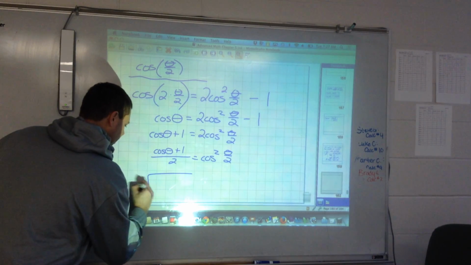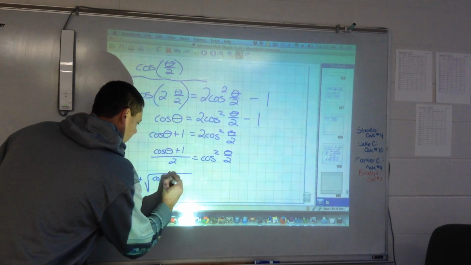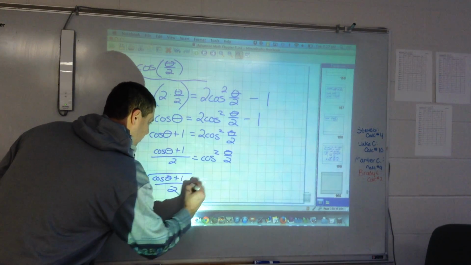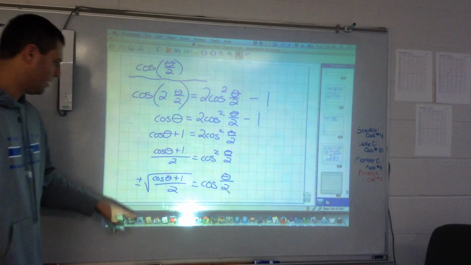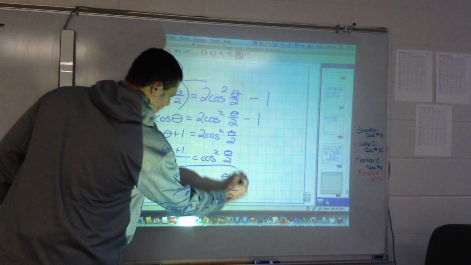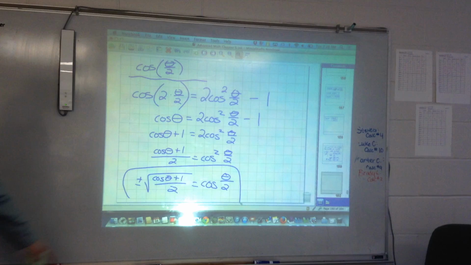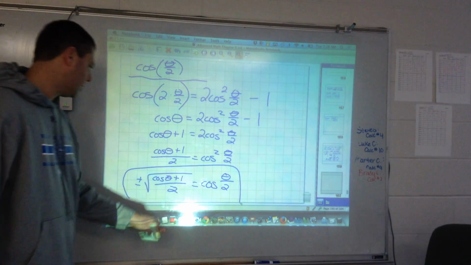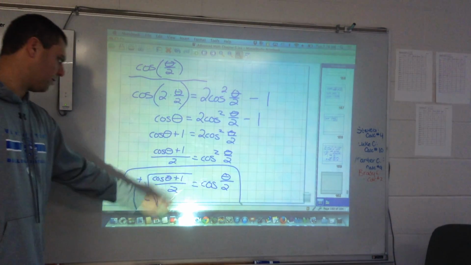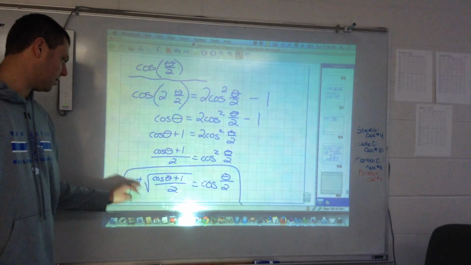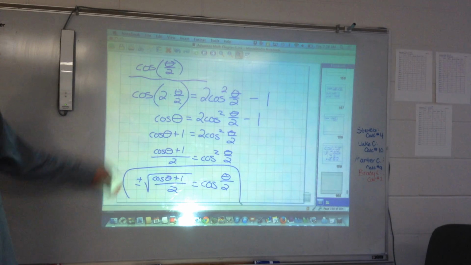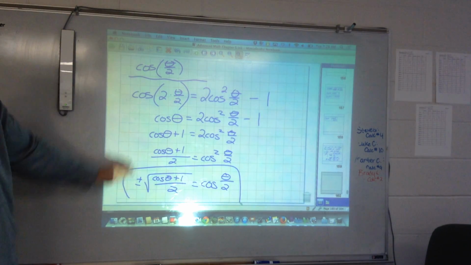So your identity is positive or negative the square root of cosine of theta plus 1 all over 2 equals the cosine of the half angle. So there's your first half angle identity. A cosine of half of an angle is equal to this amount right here. Okay? You take the cosine of the angle, add 1 to it, divide by 2, and then you square root it. So again, there's the proof of the cosine of the half angle.